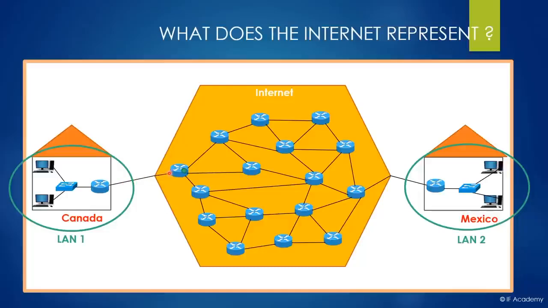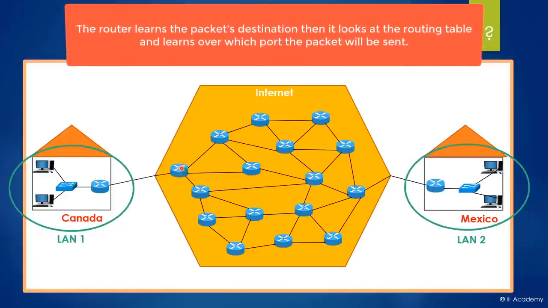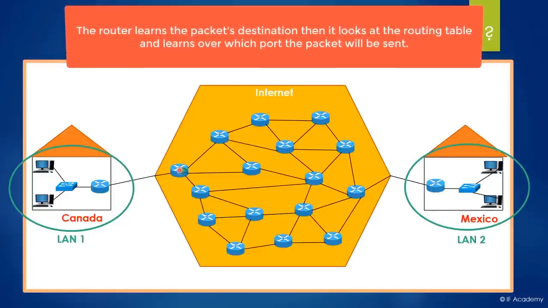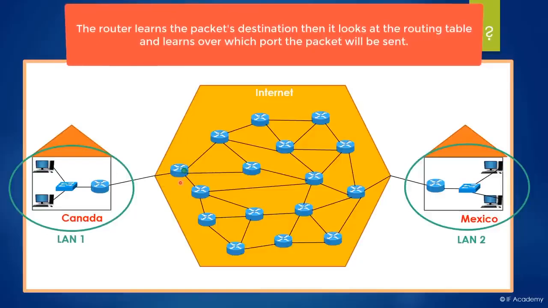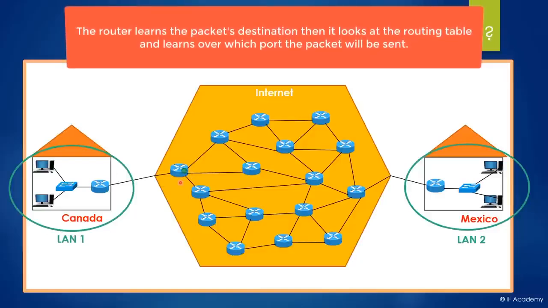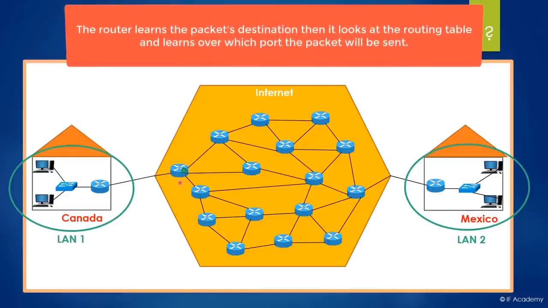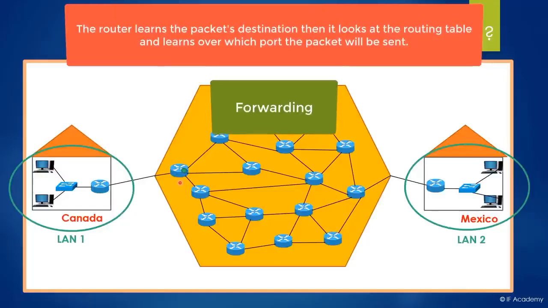I hope that you can imagine all these cables that come to the router are plugged into a port on the router. Very good. And after the router receives the packet, the router learns the destination of the packet and sends the packet to an appropriate port according to the information on the routing table. And we call this operation forwarding.